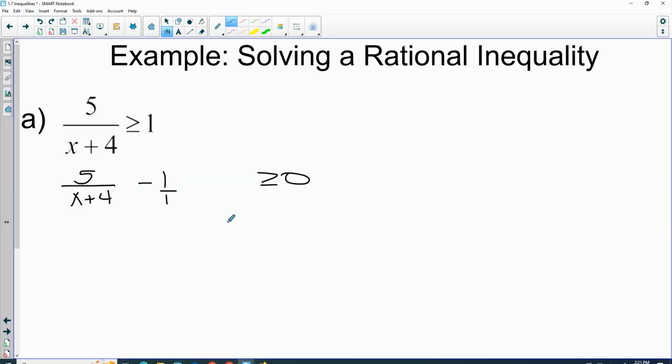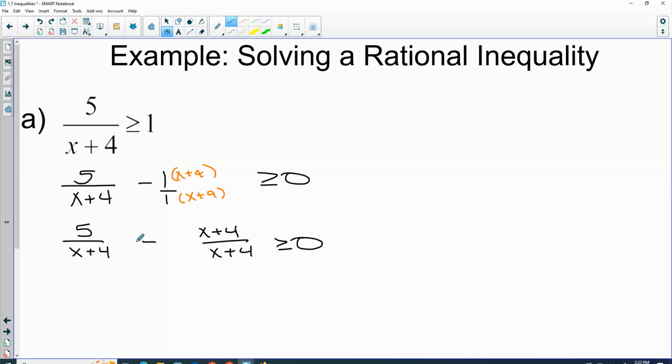If you want to add or subtract with fractions, what do we have to have? Common denominator. So what would I have to do? I'm going to take this times x plus 4 on top and bottom. So I have 5 over x plus 4 minus x plus 4 over x plus 4.